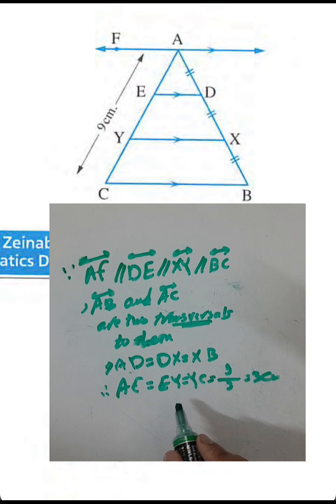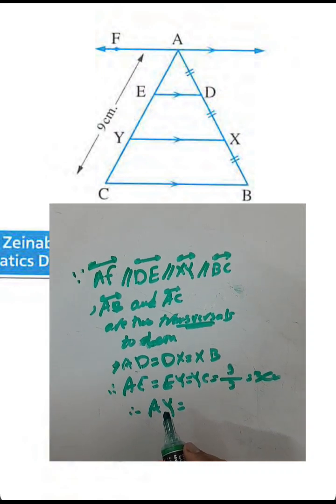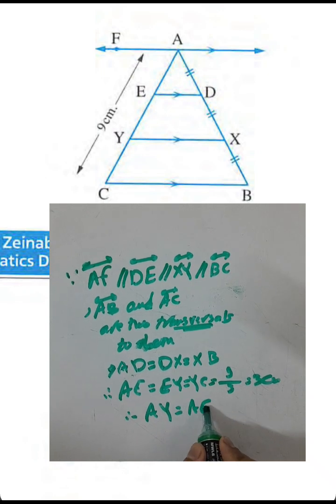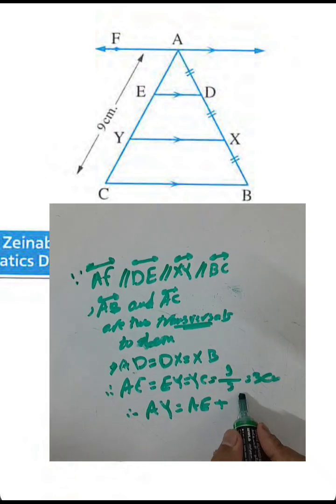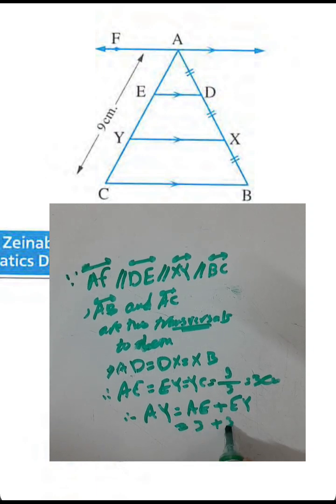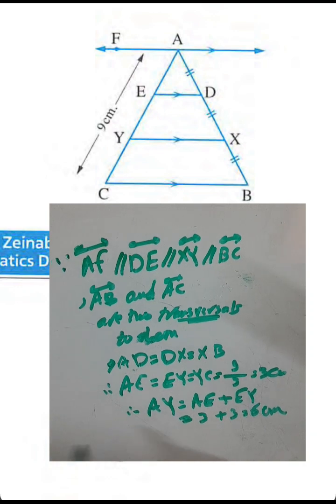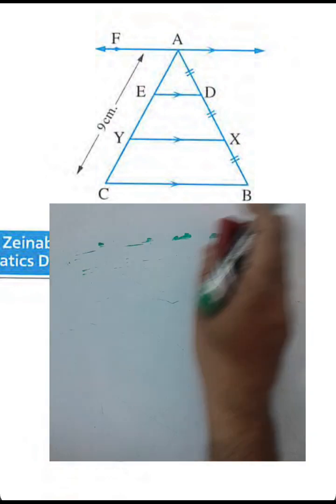Then we can find the length of EY. Look here, EY equals EE plus EY, it will be 3 plus 3, which is 6 centimeters. The last question is in the exam, okay, understood?